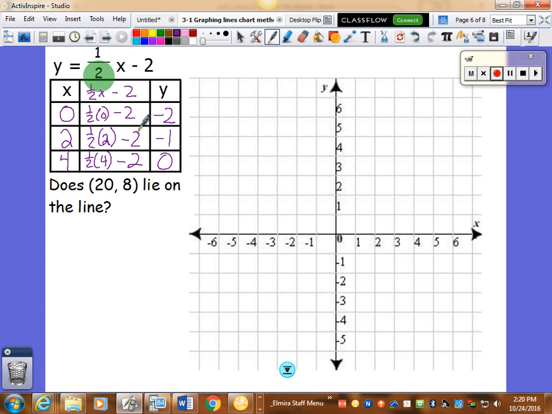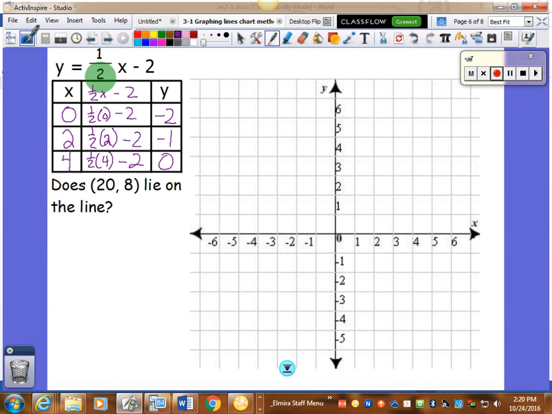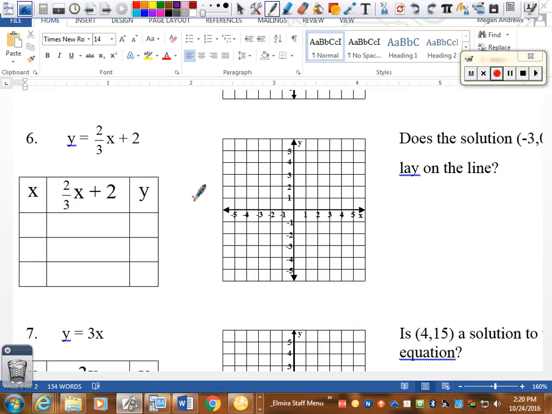Alright, on the homework, there's a homework one I want to do. Number 6. The fraction is 2/3. So I'm going to count by 3's. Again, the purpose of that is so that when I multiply by 2/3, I don't get fractions.